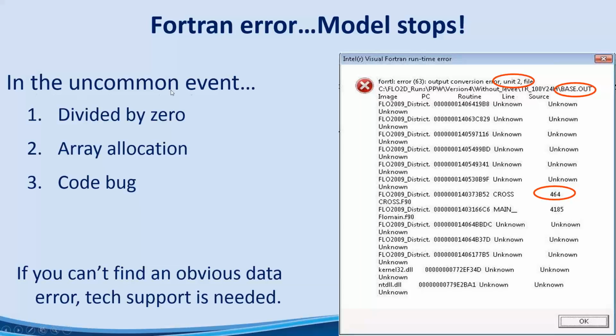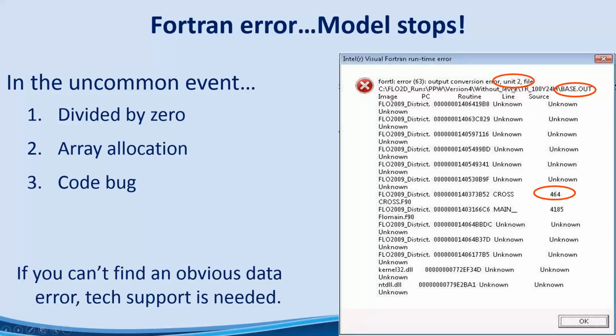But in the uncommon event that you get a Fortran error, you may have divided by 0, or you're exceeding the array allocation, or it's just a code bug. But if you can't find an obvious data error, then we need to help you. What you need to do is send us the data file, maybe a screen capture of this so I don't have to run it right off the bat.